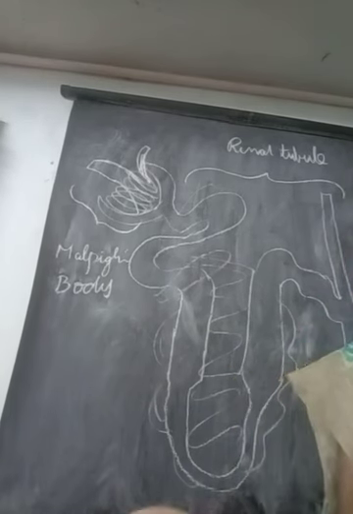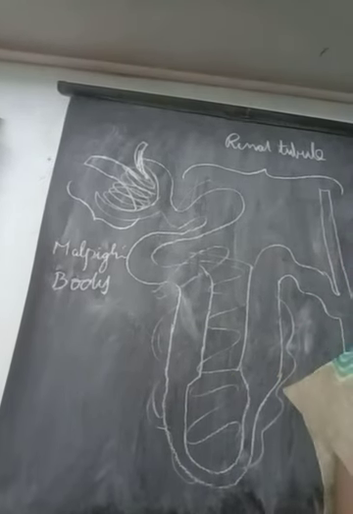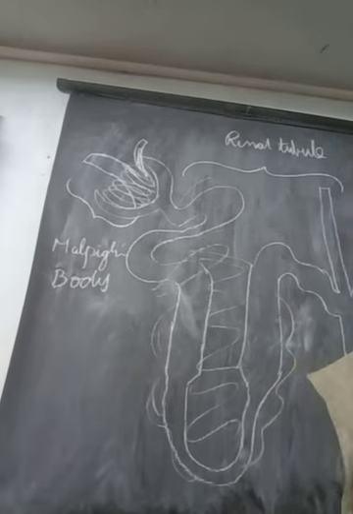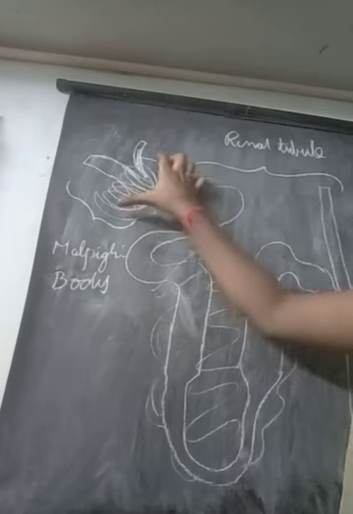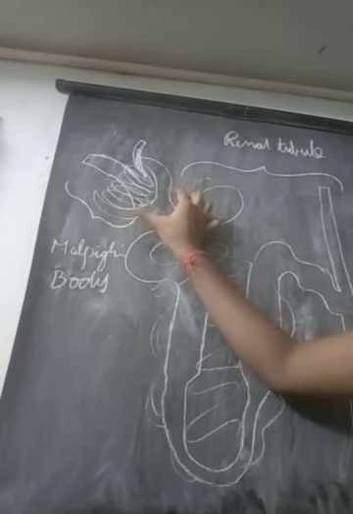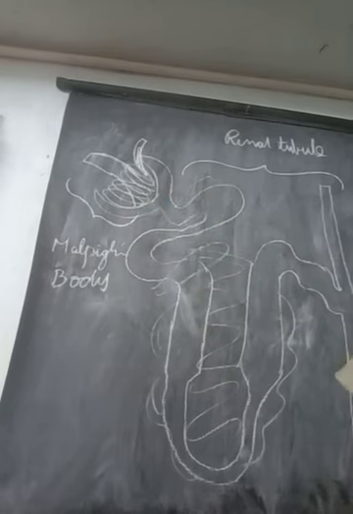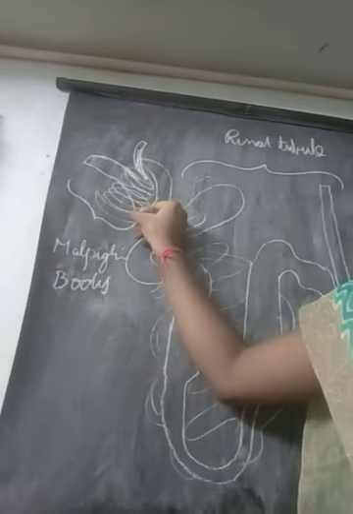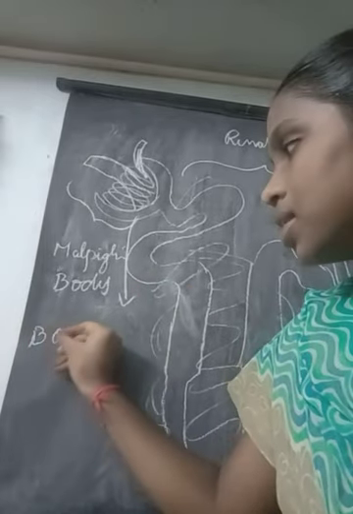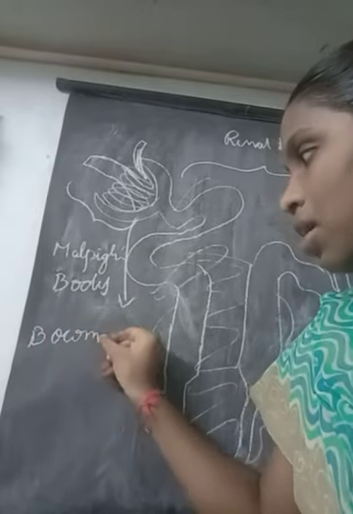Yes, understood, teacher. Now let's get into the Malpighian body. What parts can we find in the Malpighian body? Can you see a cup-shaped structure here? That cup-shaped structure is called Bowman's capsule.